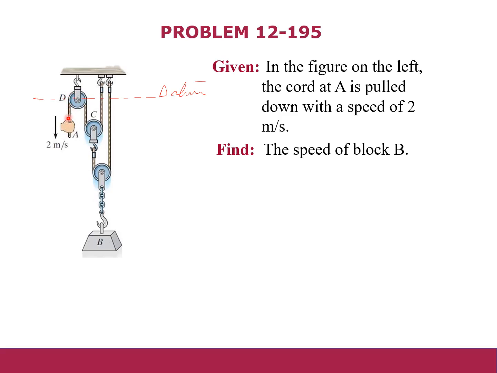Please visualize that when you move point A in the downward direction, this whole segment will move upward, which results in the movement of this pulley in the upward direction, right? Independently this pulley is moving upward and downward, this pulley is moving upward and downward, and point A is moving. So we are marking their position, right? This is a constant length, that is why we are not including it in our study.